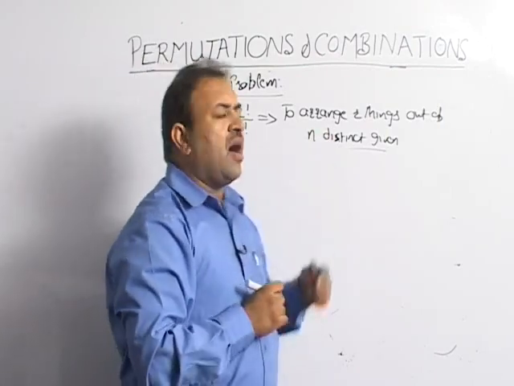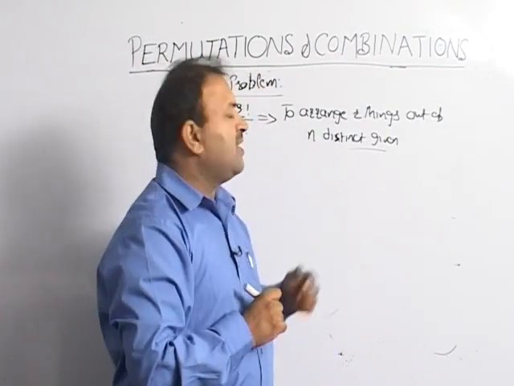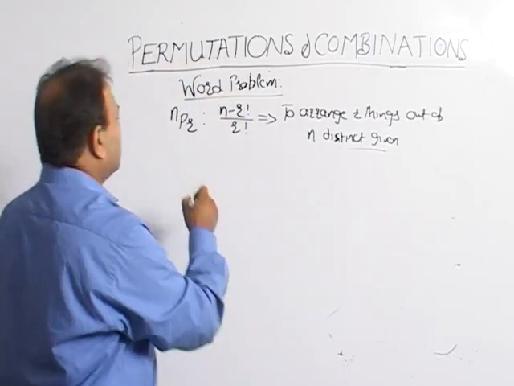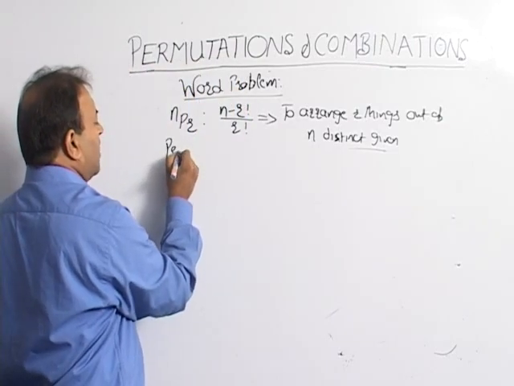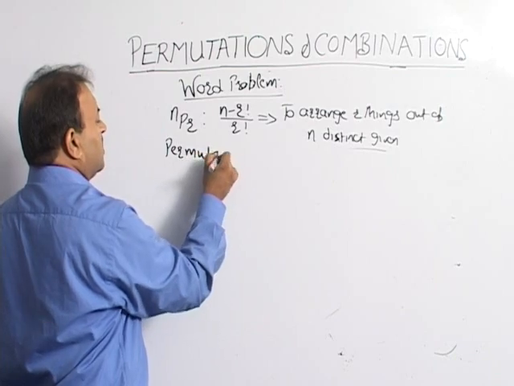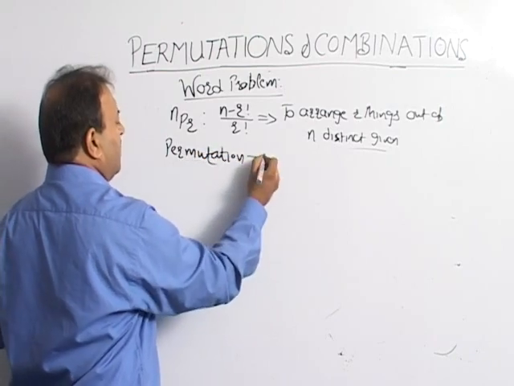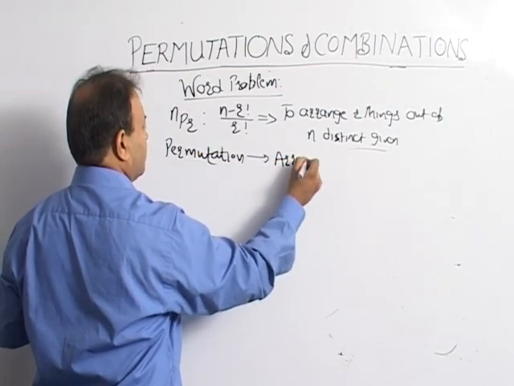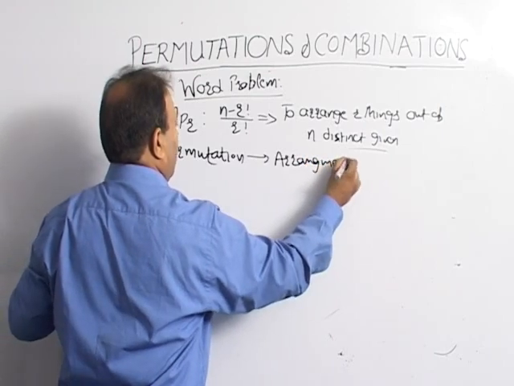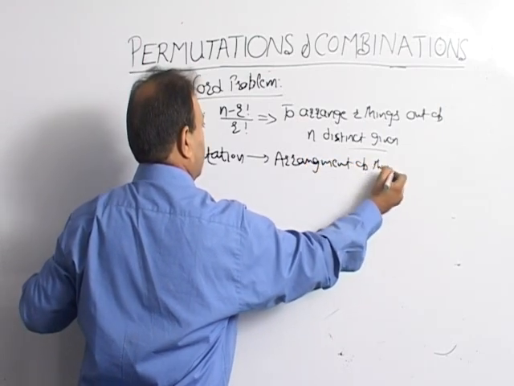To arrange r things out of n distinct things. It is basically P means permutations. मतलब एक माइंड में पता होना चाहिए what is the meaning of permutations. Means arrangement of the things.